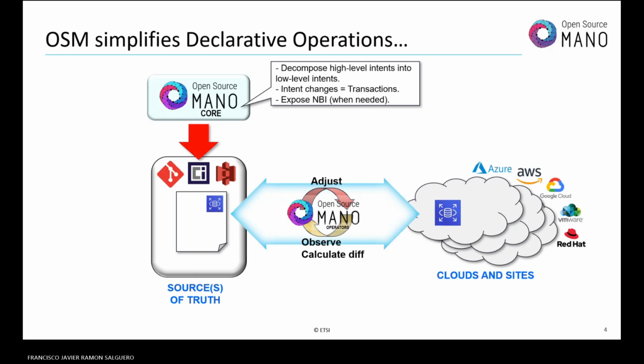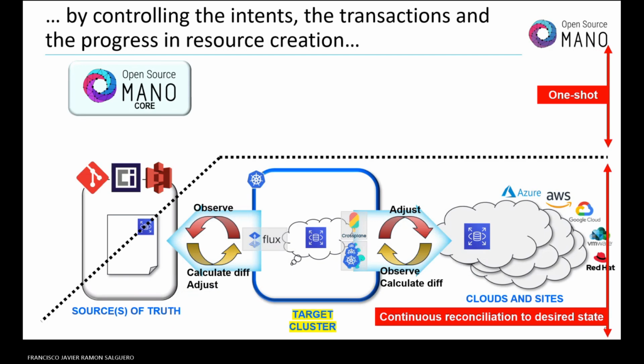We can create transactions that we can revert, and we can expose an NBI that for some use cases is quite convenient. Here is, as I said, we are creating the magic of that synchronization, leveraging on many technologies. However, it's not about synchronizing, it's about checking that the synchronization happens.